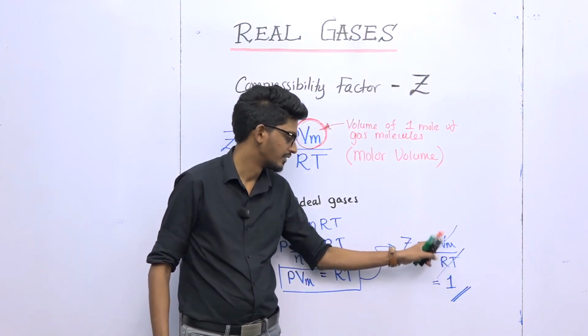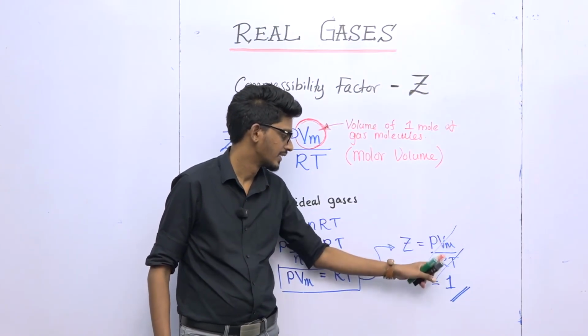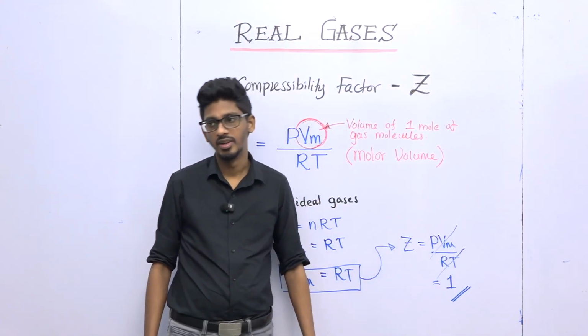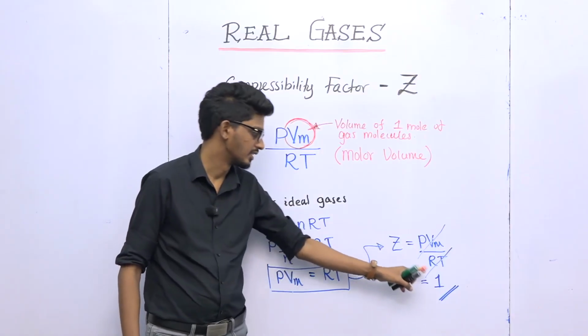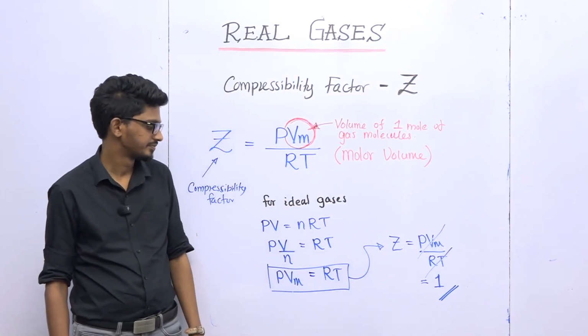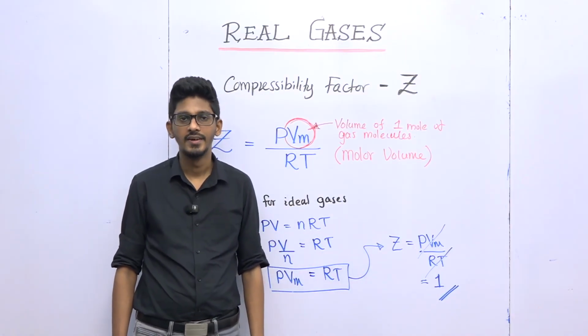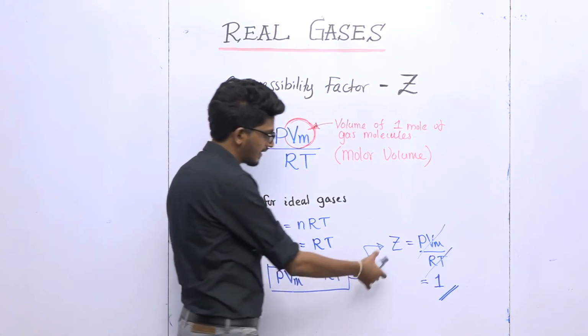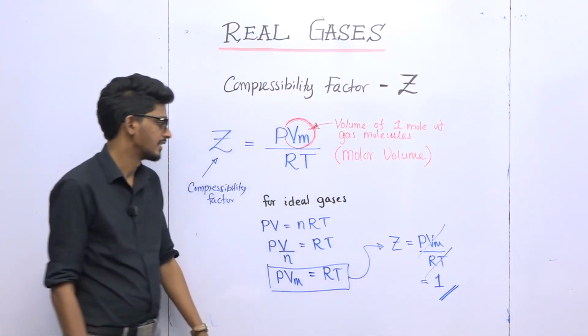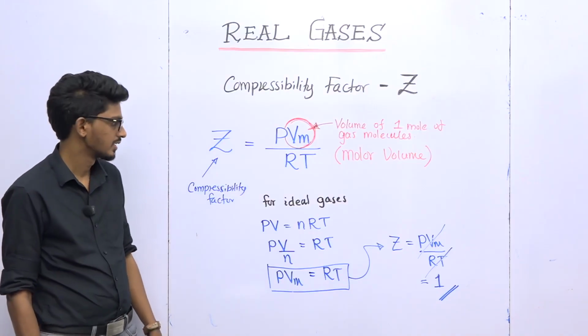These two are the same value, so ultimately Z will be the number 1. So for ideal gases, the compressibility factor is equal to 1. The idea is clear, right? That is about the ideal gases and their compressibility factor.